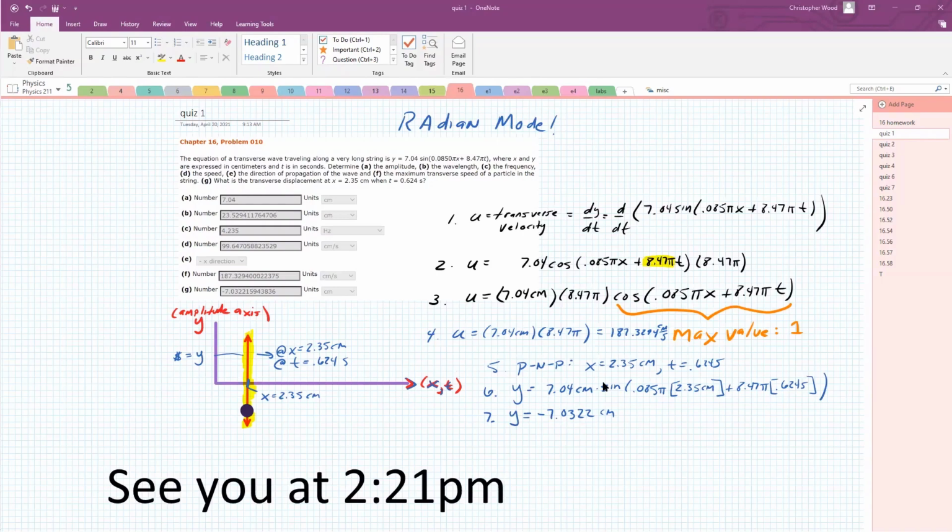But I also want to announce one other thing, as long as we're talking about policies here. Let's keep the deadline for the chapter 16 homework on Sunday. I want to keep that deadline in place because then I want to use the remaining time to focus on review.